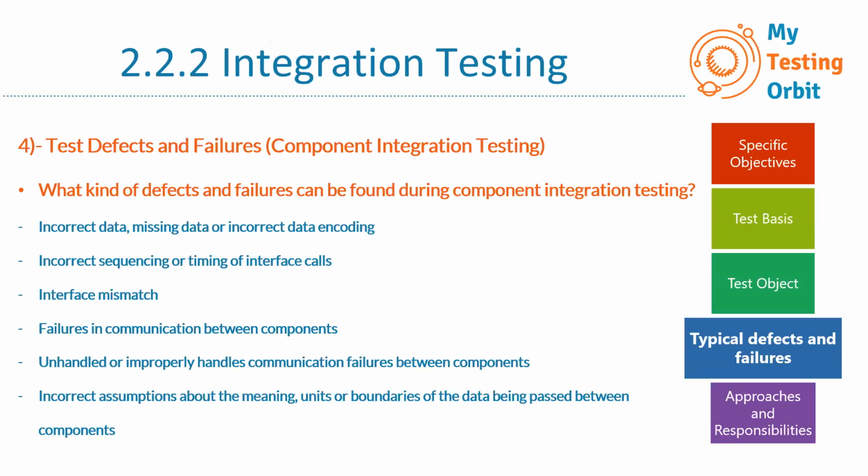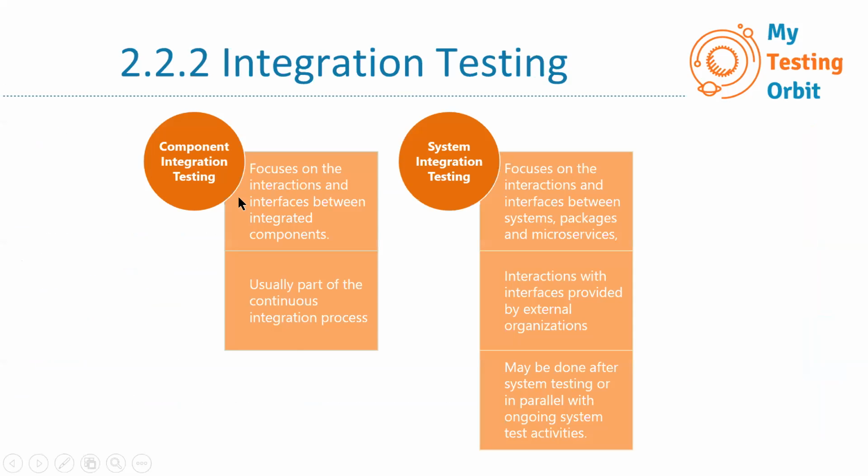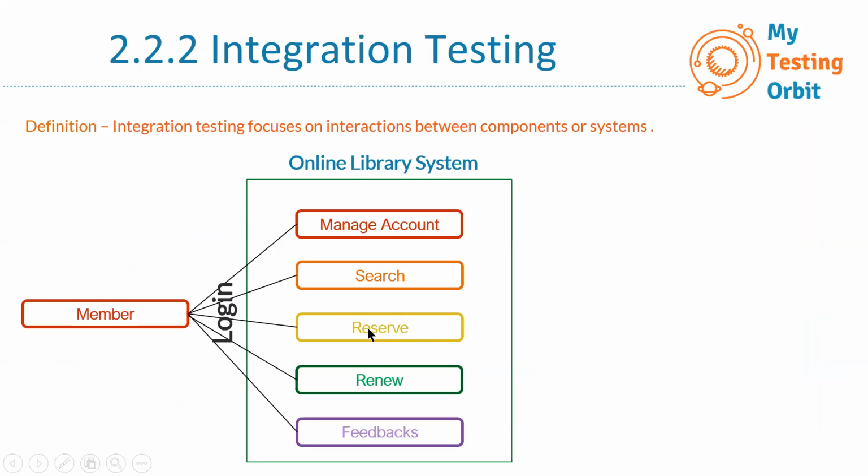The next one is incorrect sequencing or timing of interface calls. Over here, there can be an issue in the sequence in which an interface calls other components. For example, if we have to reserve a book, first of all, the member needs to log in.